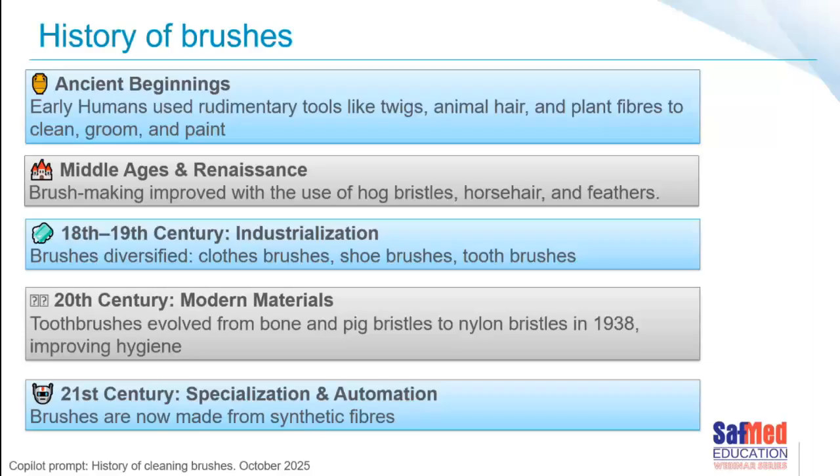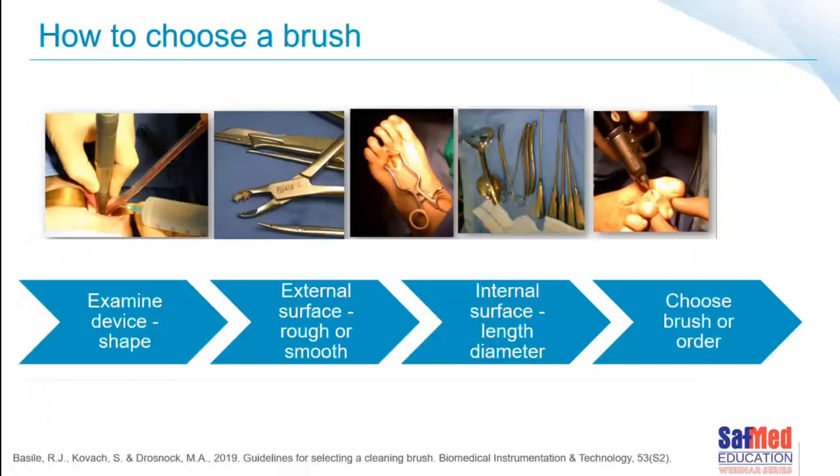And of course, in the 21st century, we have specialization and brushes now made from various synthetic materials and fibers, very bespoke and very specific. So we have brushes that are made for cleaning a bottle, for example, at home for cleaning baby bottles. We have brushes that are designed specifically for the jobs we need to do in the CSSD area.